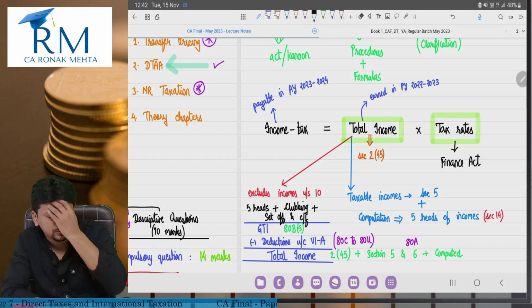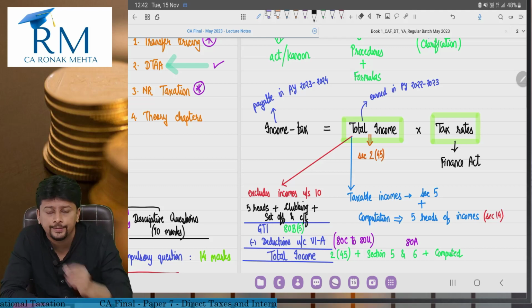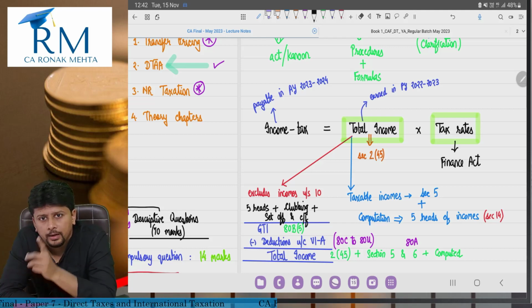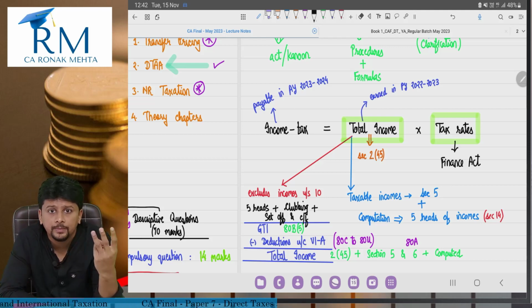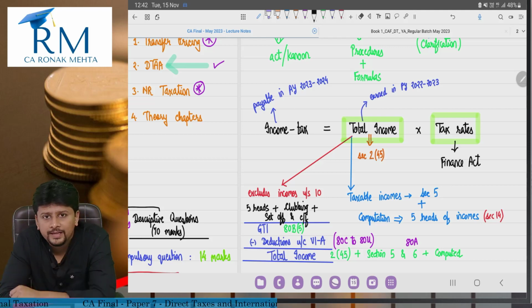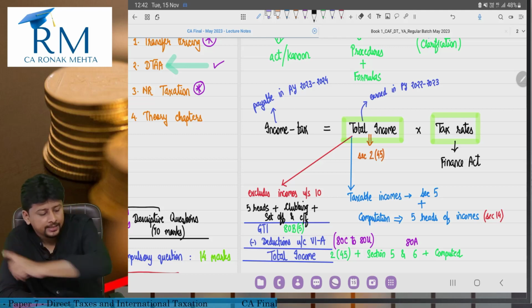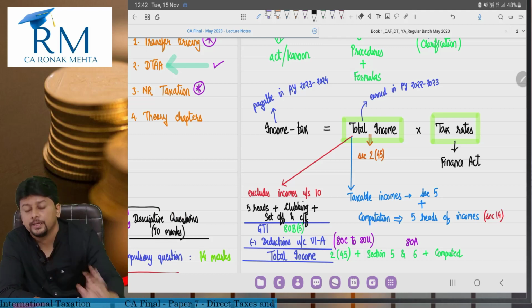Slab rates are announced, surcharge etc. is announced, health education cess, that is all as per Finance Act. But then beta yaad karo, income from lottery is taxable at the rate of 30%. Where is it written? You will not find this in the Finance Act. You can scan through the entire Finance Act, you will not find lottery ka tax rate is 30%.